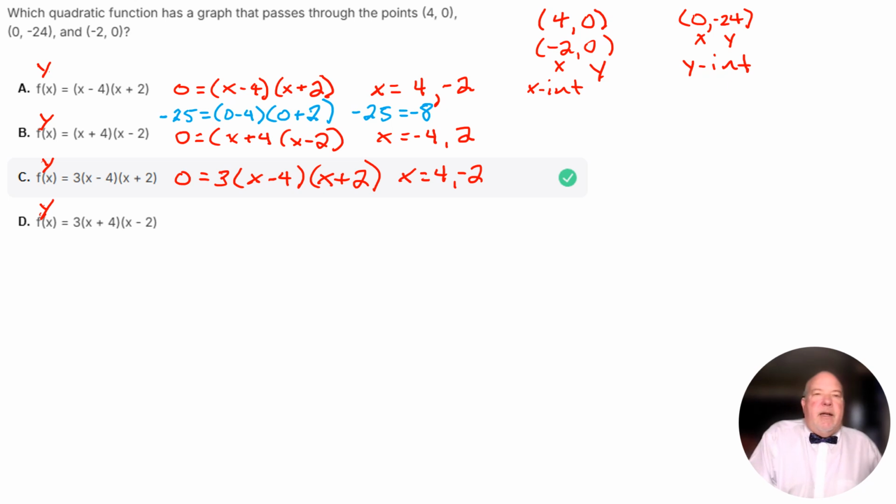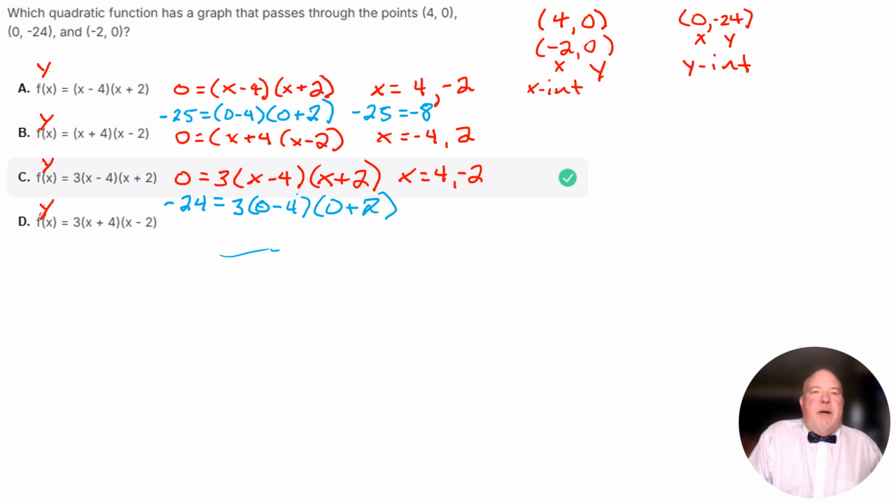For the y-intercept, I plug in negative 24 for f of x, and I'm going to plug in 0 for x. Sorry, it'd be 0 minus 4 times 0 plus 2.